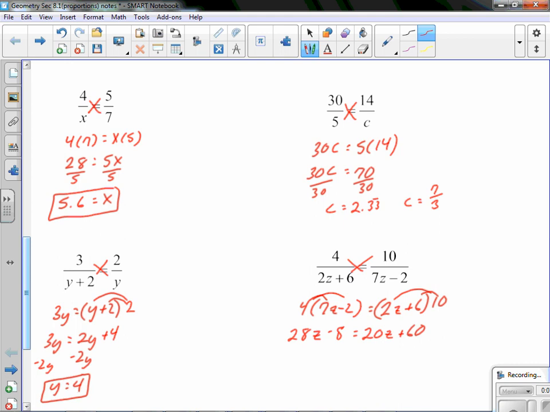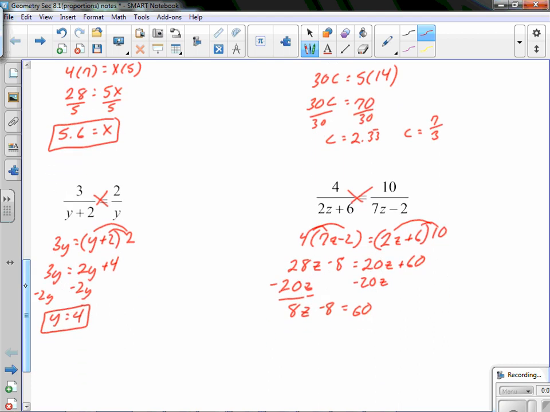And solve for the z, subtract 20z from both sides. 8z minus 8 equals 60. Add the 8 to both sides. 8z equals 68.